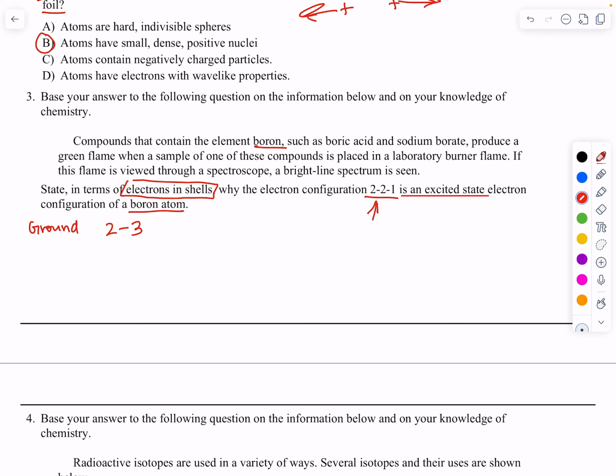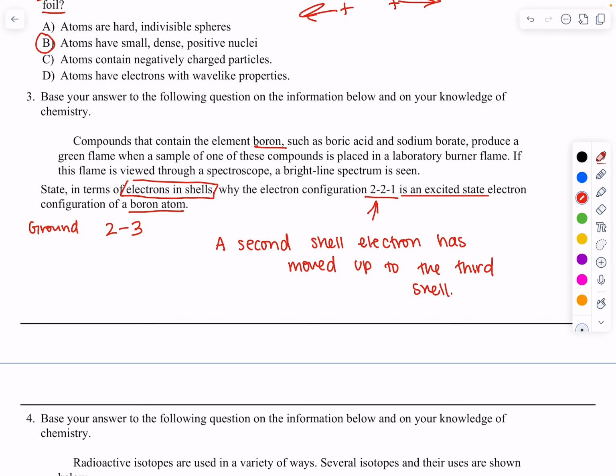So the correct answer should be that a second shell electron has moved up to the third shell.